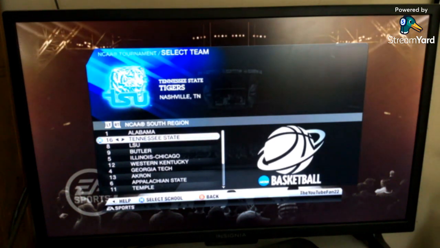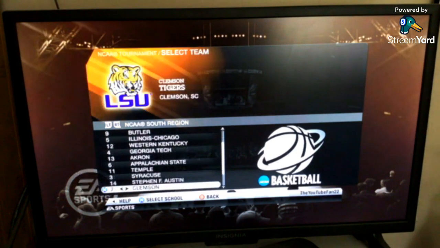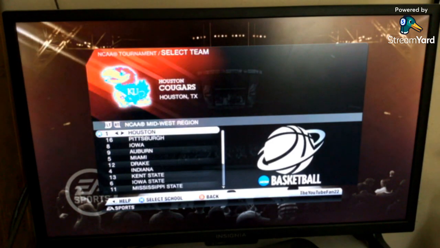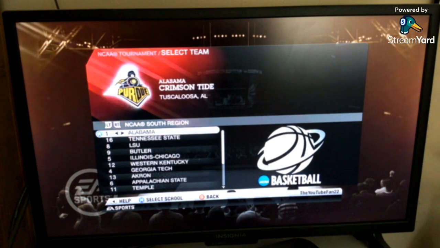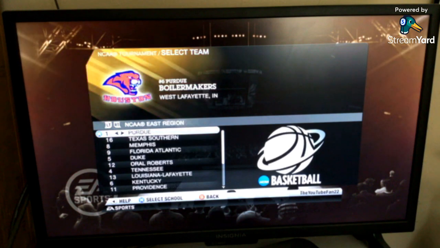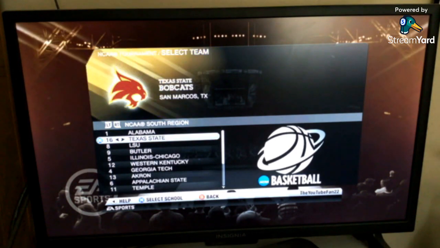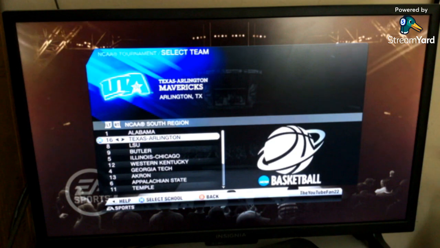Where's Texas A&M Corpus Christi? There have been some technical difficulties here trying to find Texas A&M Corpus Christi. There's Texas Arlington.